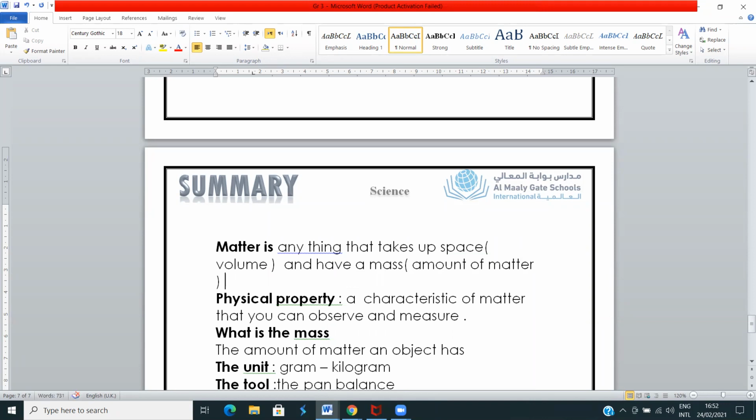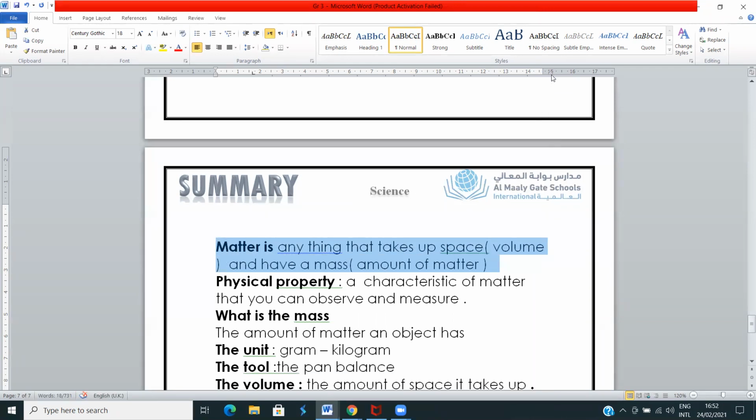If we have an amount of space, we say volume. If you have an amount of matter, we say mass. So if anything takes up space, it means it has volume.